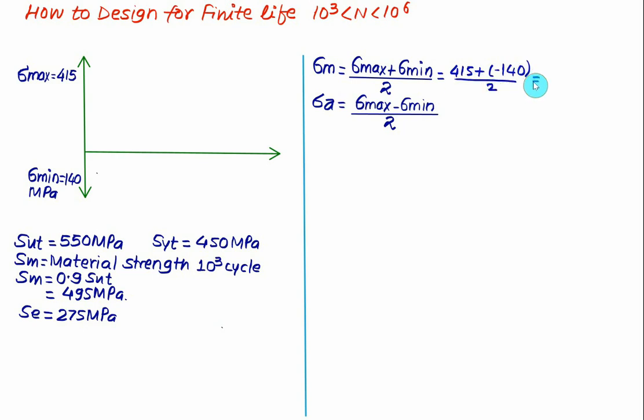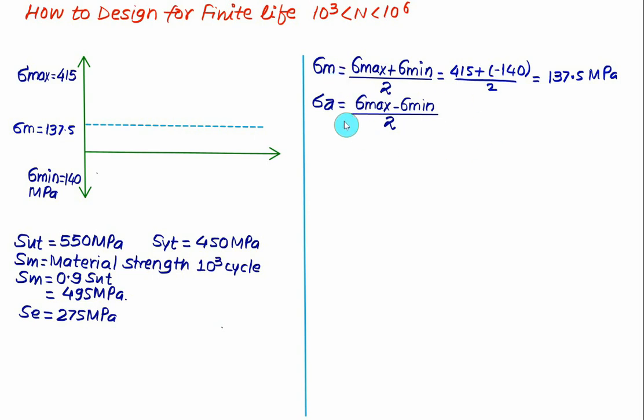So we have mean stress equal to 137.5 megapascal, a positive value. Somewhere we have the mean stress here. I will show the mean stress by the dotted line, and the value of the mean stress is 137.5 megapascal. So we are handling a situation in which the mean stress is not equal to 0.